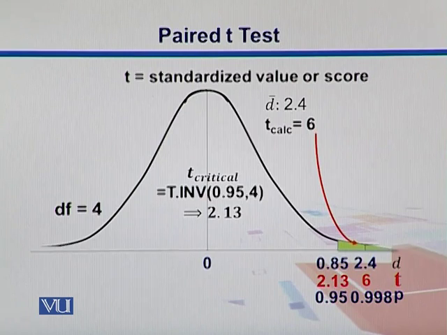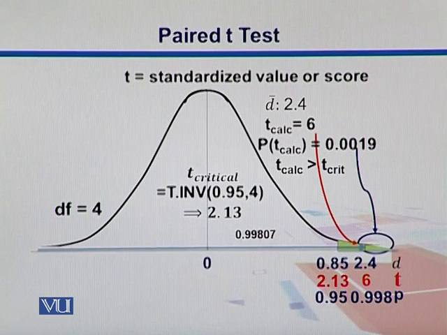Our calculated number was 6, which lies somewhere here, and the probability up to that point is 0.998. If you compare with alpha, this region has a probability of 0.001, so it is 1 out of 1000. The probability of finding this event by chance is 1 out of 1000.